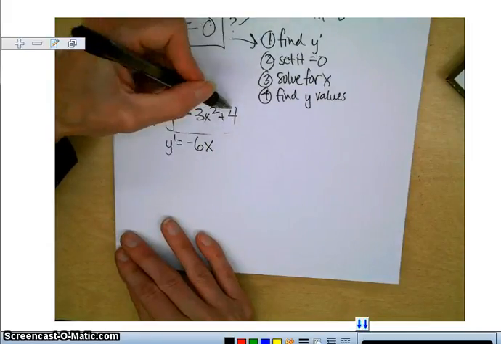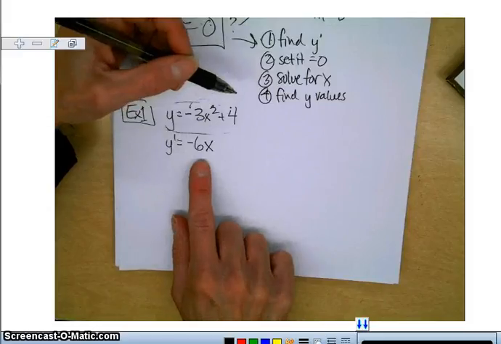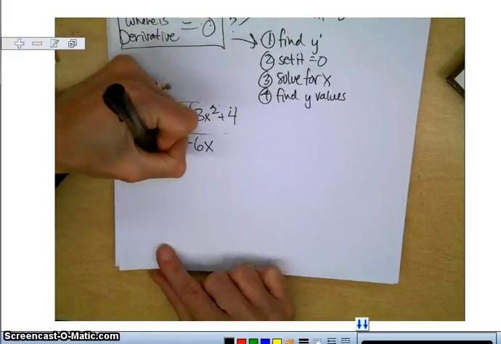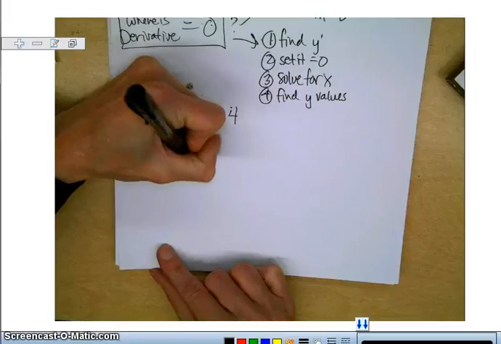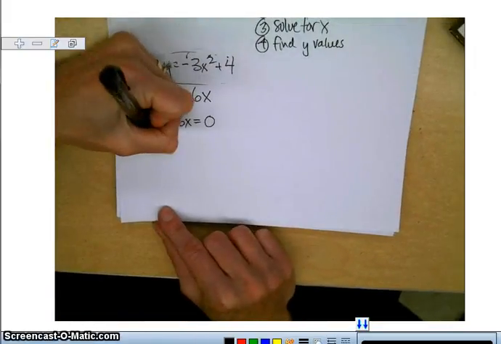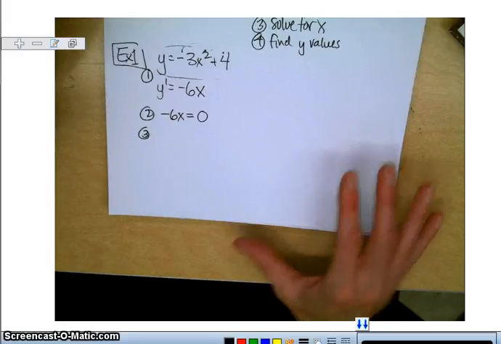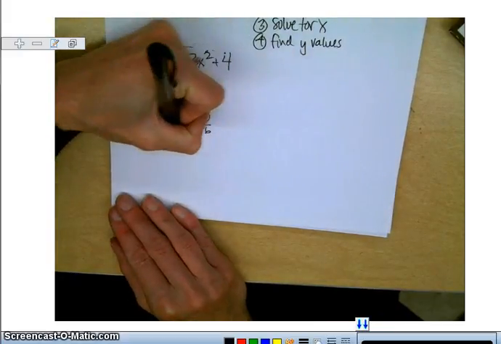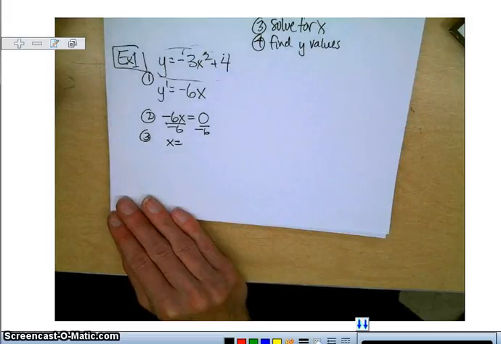And the derivative of a number is 0. So there's my derivative. Then what do I do next? So there's step 1. Step 2, I'm going to set my derivative equal to 0. Step 3, I'm going to get x by itself. So how am I going to get x by itself? Divide both sides by -6, and x equals 0.